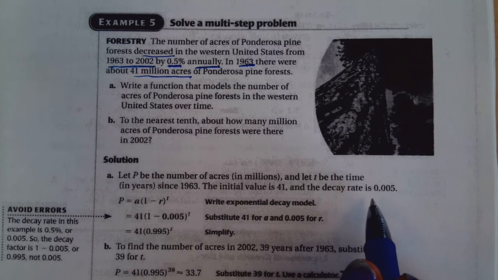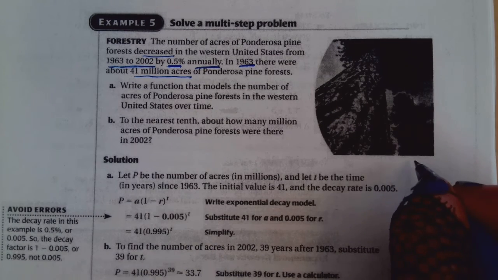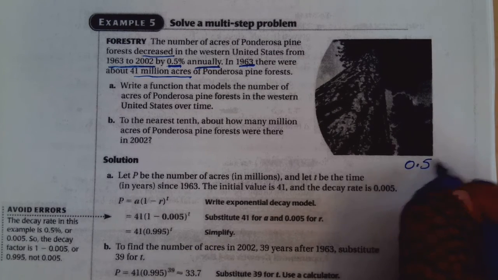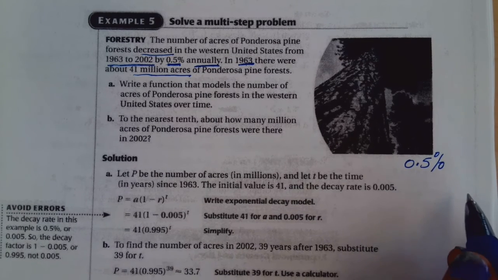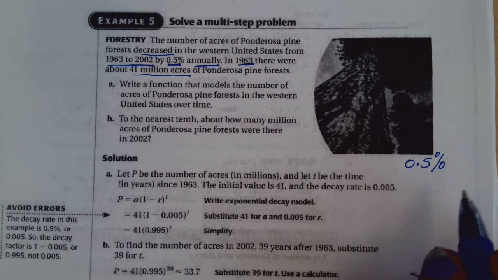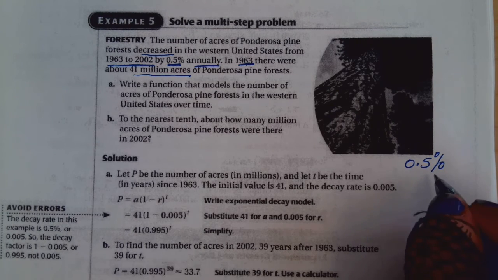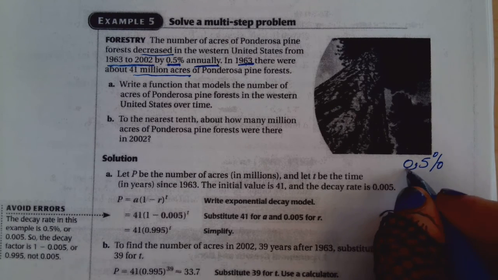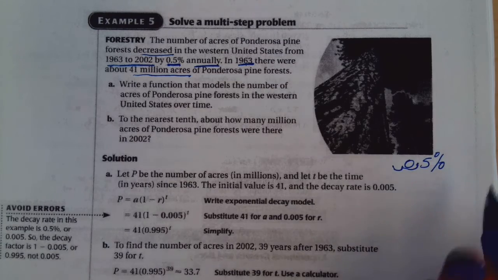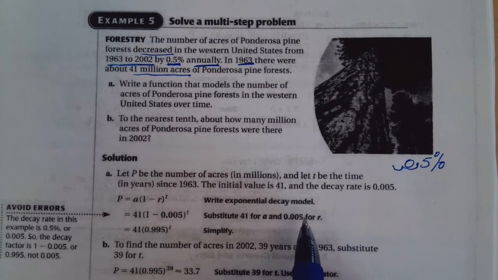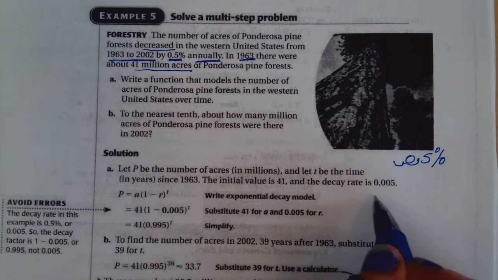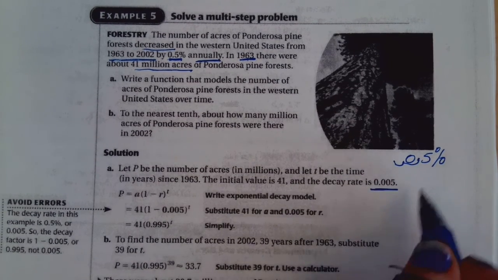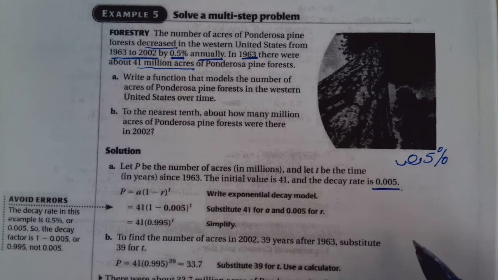For the decay rate, remember they gave you 0.5%. To take it from a percent to a decimal, you divide by 100. If you have a decimal and want it as a percent, you multiply. If I divide by 100, I go back 2 places. That's how they came up with this rate: they changed the percent to a decimal.